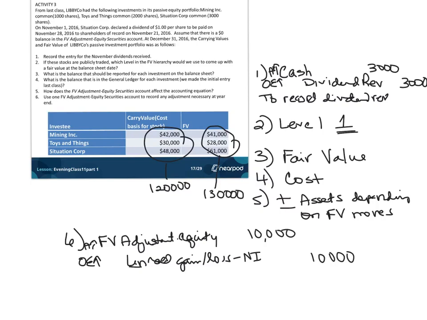Okay, so now if you thought about what was in the general ledger, I'd have these investment accounts. I had 3 different ones, didn't I? That was crazy of me.